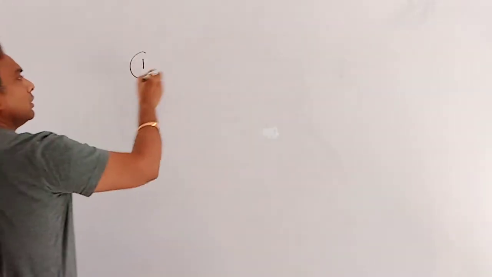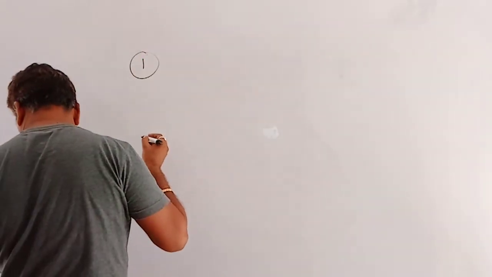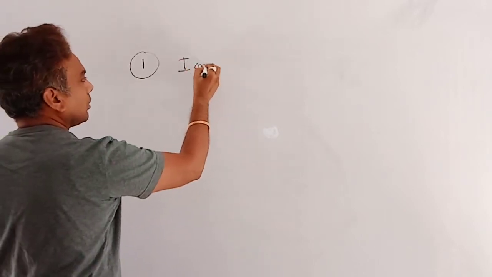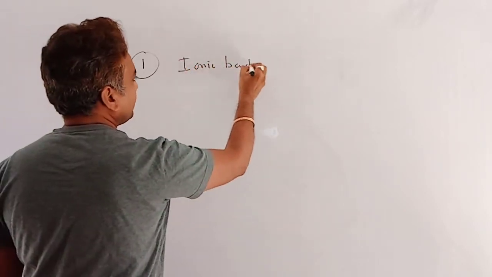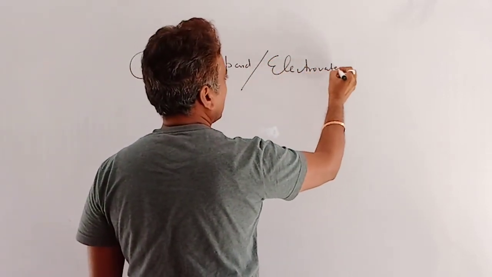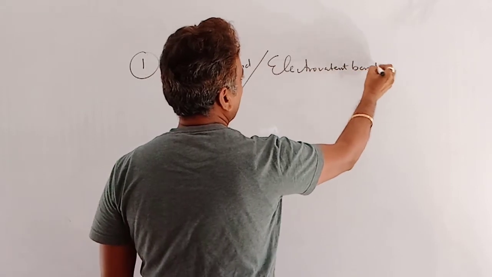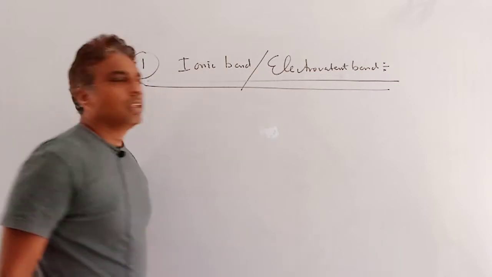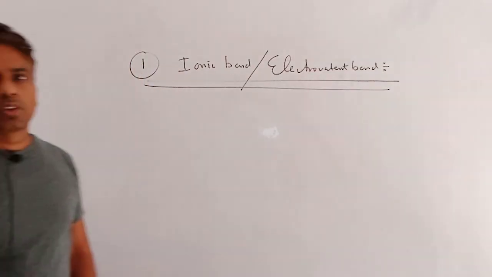First, ionic bond, which is also known as electrovalent bond. Simply the bond formed by the transfer of electron.